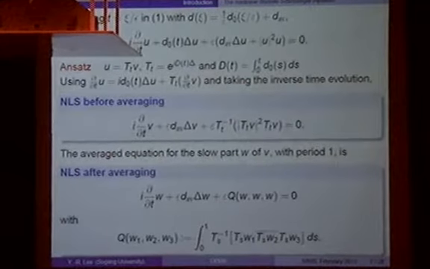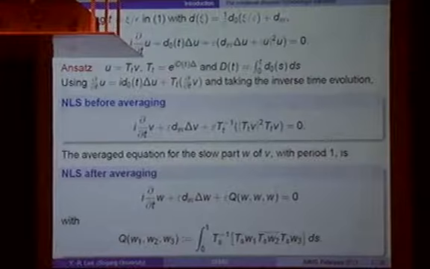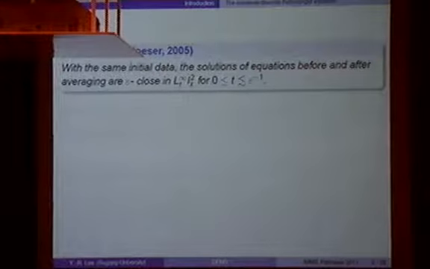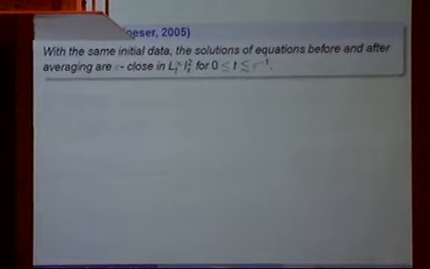Just subtract these two, and that can give some idea how they connect, not just representing one in terms of the other. When we have the same initial data and solve the equation, their difference in that space is epsilon close for large enough t.